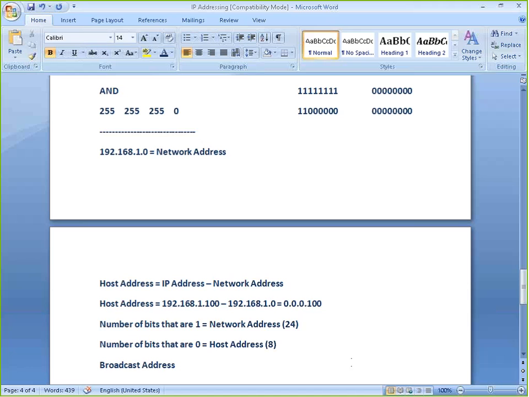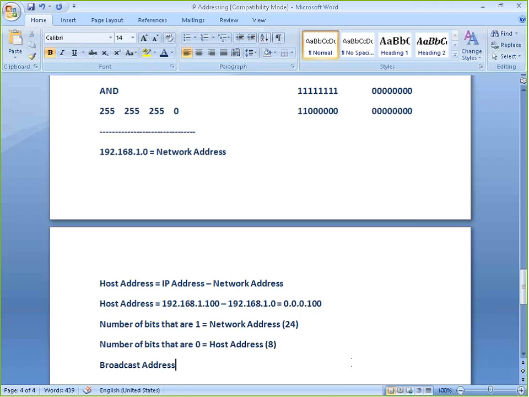But what is the purpose of this broadcast address? A broadcast address is an address such that when we send some data to it, it is going to reach all the nodes belonging to that particular network.